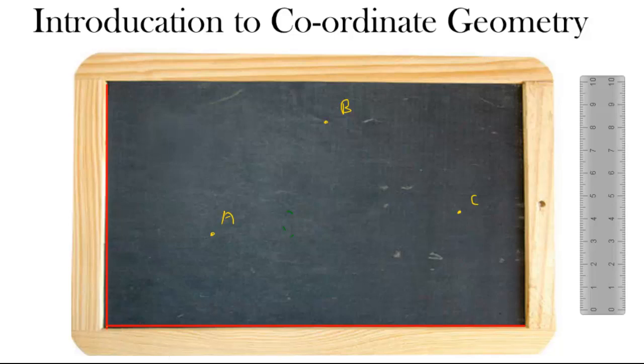Now to locate the position of A, what will we do? We will travel along the horizontal line, the horizontal red line, and we will measure how much distance we have traveled horizontally. So first we have to travel this way, then we will travel this way to reach point A. The distance traveled horizontally, let us measure with the help of the ruler.